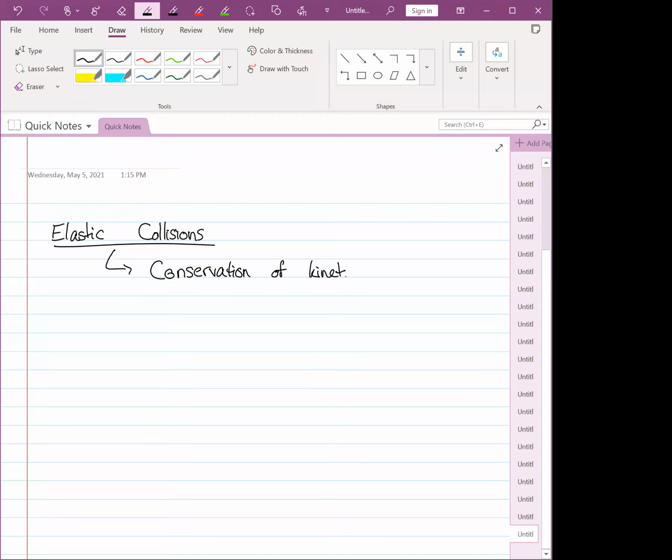The reason we get conservation of kinetic energy is because in an elastic collision, there's no changes in the thermal energy, because the only forces involved are conservative, and there's no changes in potential energy. This takes a little bit more thinking, but imagine the collision occurs because you have a spring between two blocks that come in and bounce off each other.